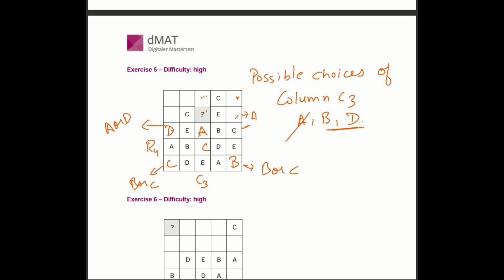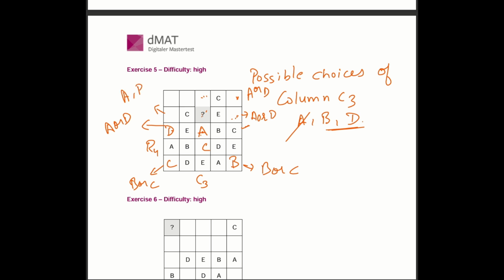So we can move here. The possible choices: we can move to the column A or D. We can't find D anywhere here.